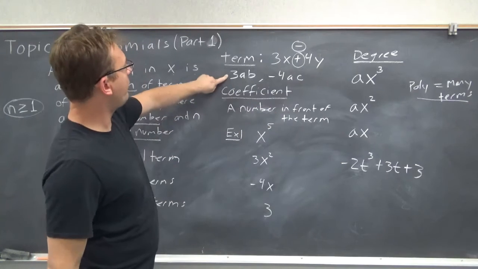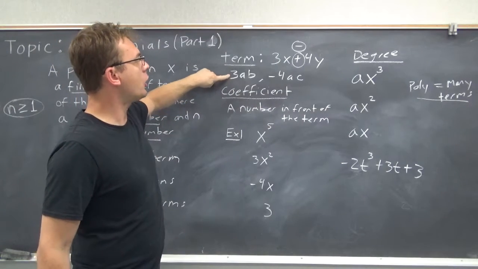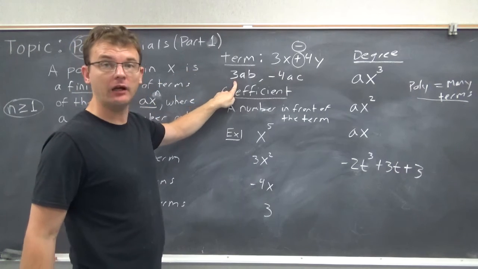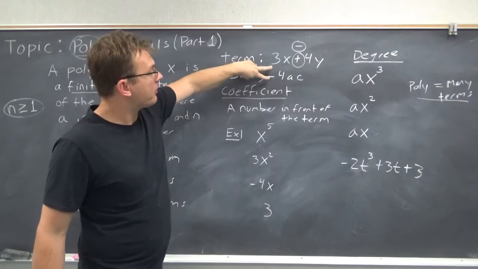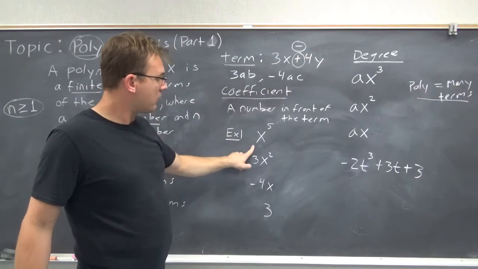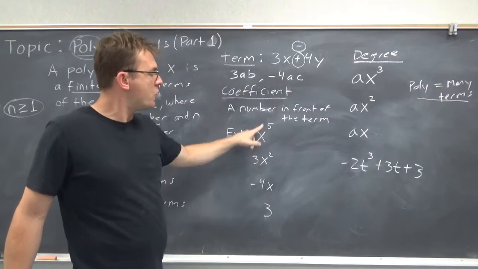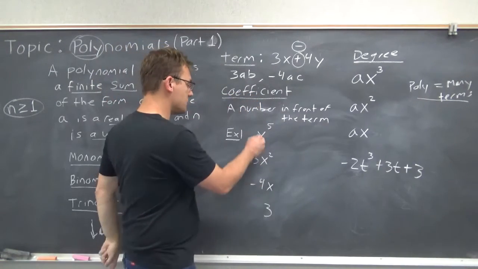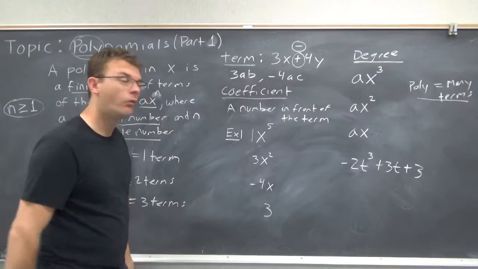So for the example I gave you, what's the coefficient up here? 3. What's the number on this term? 4. What's the number on x to the 5th power? What number is right there? 1.